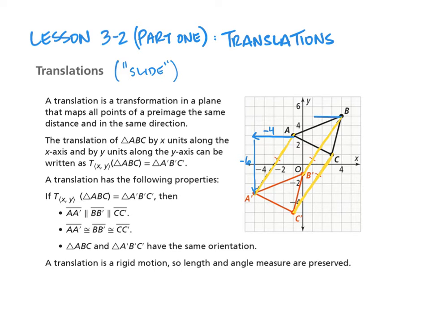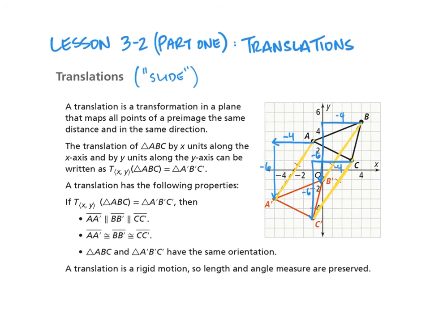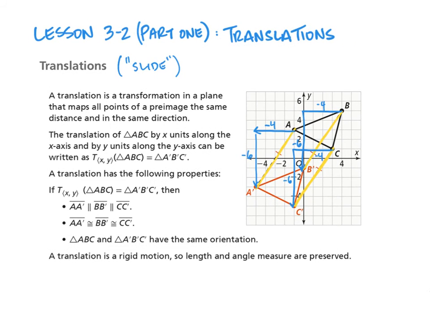B goes over 4 and then down 6. C went over 4 and then down 6. So you could describe this as a translation of -4, -6 of shape triangle ABC, and that moved it to the new image triangle A prime, B prime, C prime.